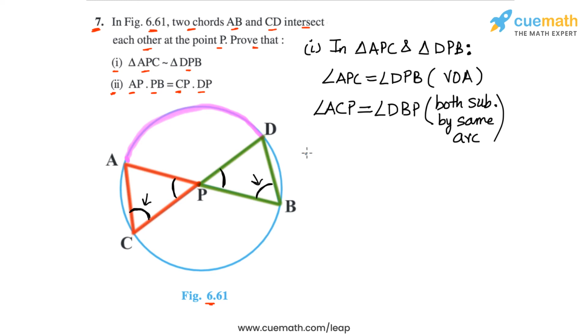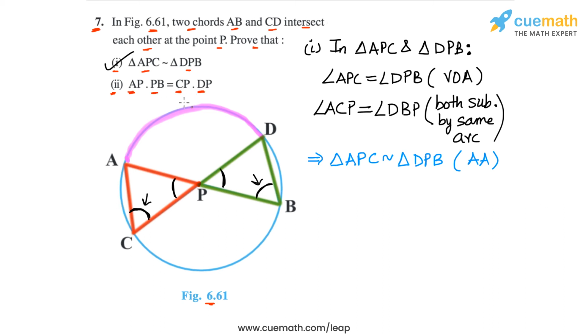So because of these two equalities, we can say that triangle APC must be similar to triangle DPB, and this is because of the AA similarity criterion. Okay, so this proves part 1.